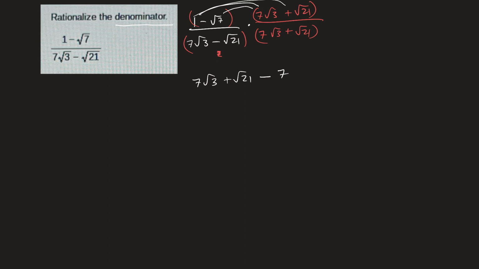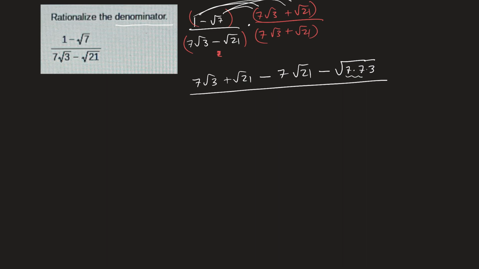And then root 7 times root 3 would be root 21. And then lastly, negative root 7 times root 21. So it'll be a negative root of 7 times 21. Let's just write it like that, 7 times 21, and maybe 21, I'll just write it as 7 times 3, just to see where I'm going with that.